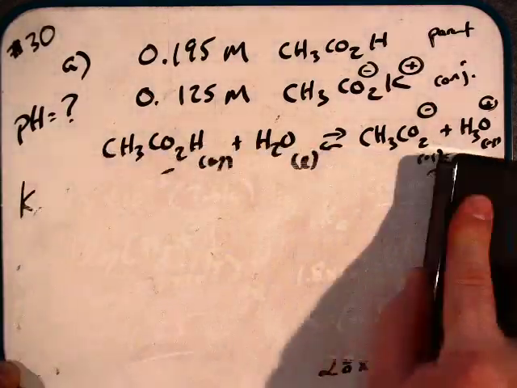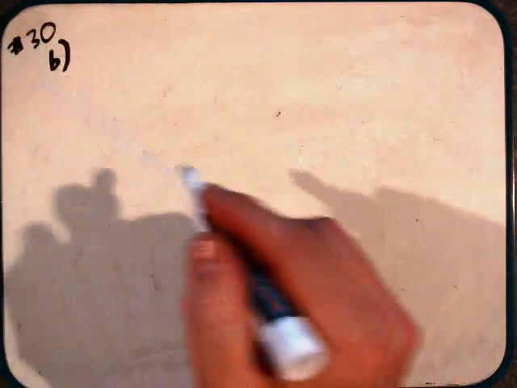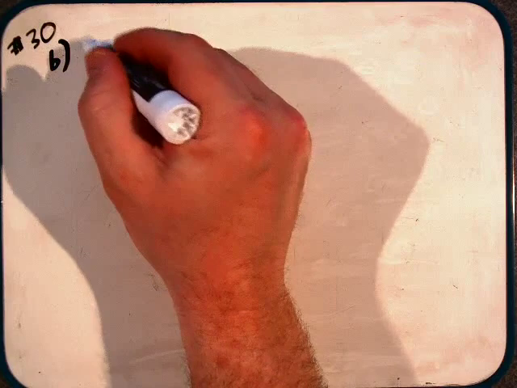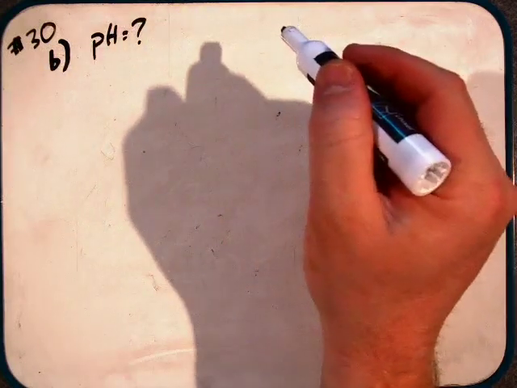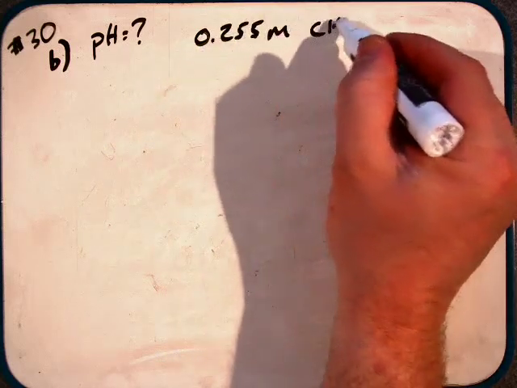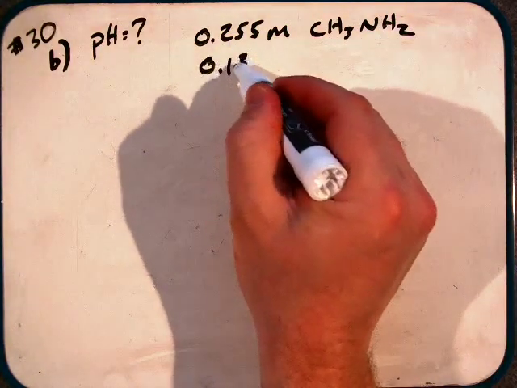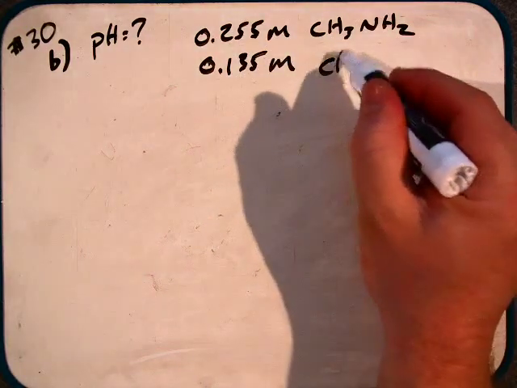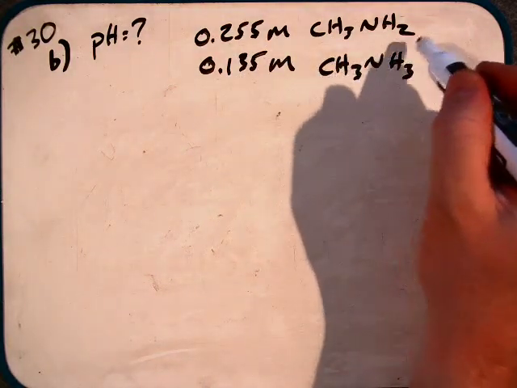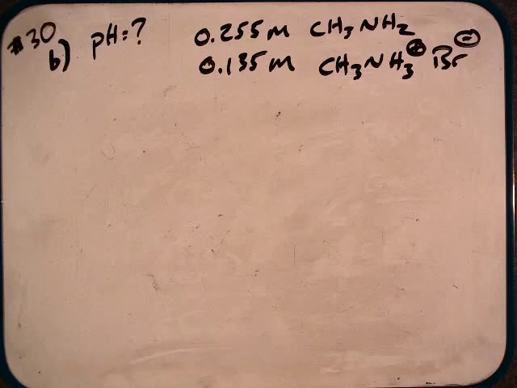Part B is fairly much the same. Part B looks at, again, we're still trying to figure out the pH, and we're still going to use an ice table, but now we have 0.255 molar methylamine and 0.135 molar the methyl ammonium salt of methylamine.